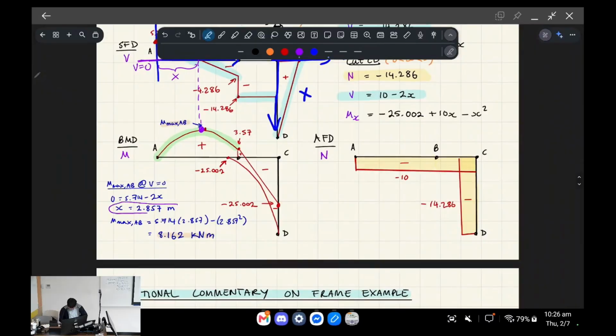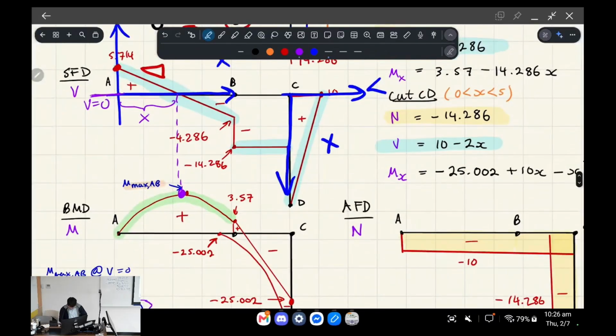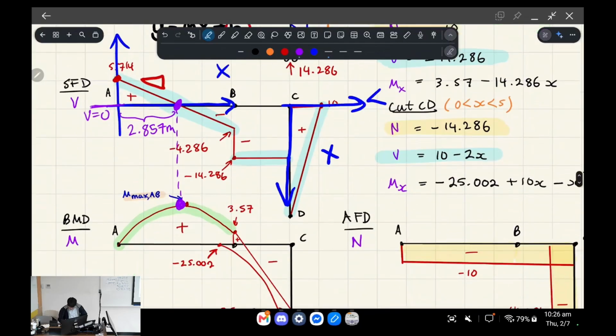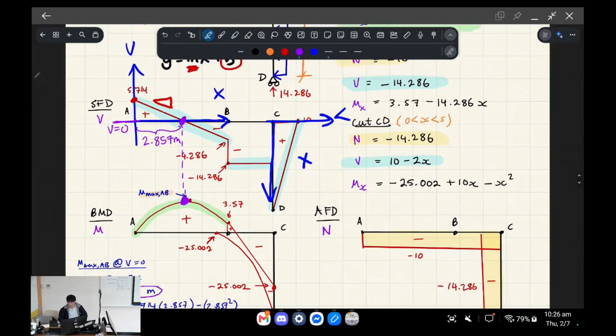I get x is equal to 2.857. So what that's telling me is that if I travel 2.857 meters along the beam from A to B, I get the point where shear force is 0, and therefore it's also where your bending moment is at its peak.